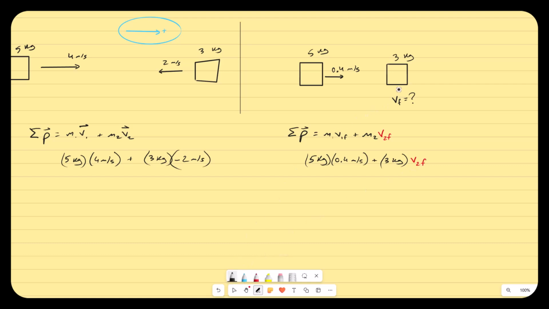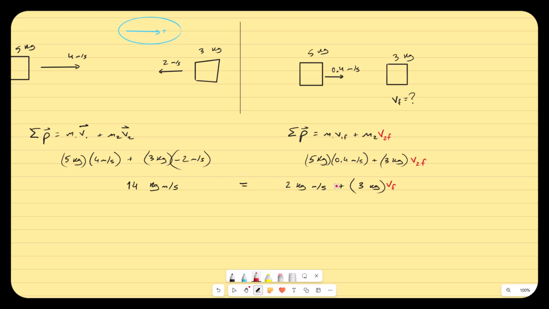I don't know the direction of V2 final necessarily, but let me get there. 5 times 4 is 20, negative 6, this is still 14 kilogram meters per second in the beginning. 5 times 0.4 is going to be 2. I've got 3 kilograms times V final. I need to get to 14.